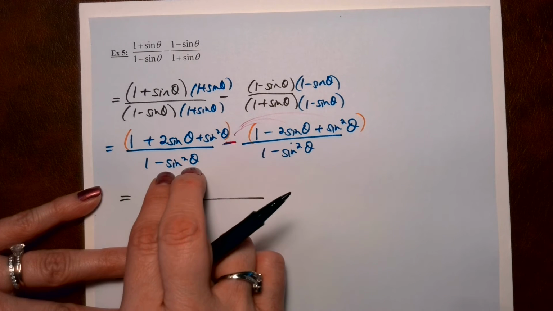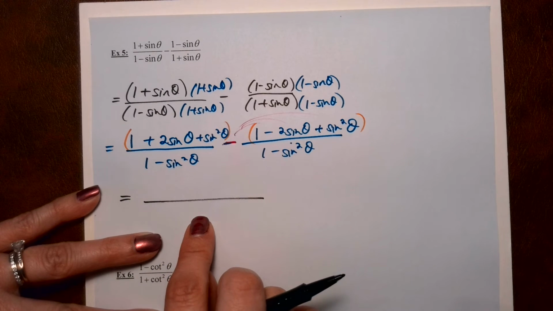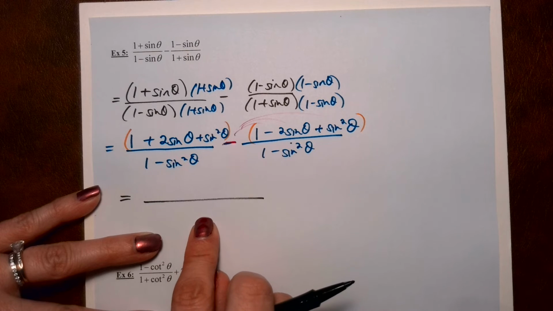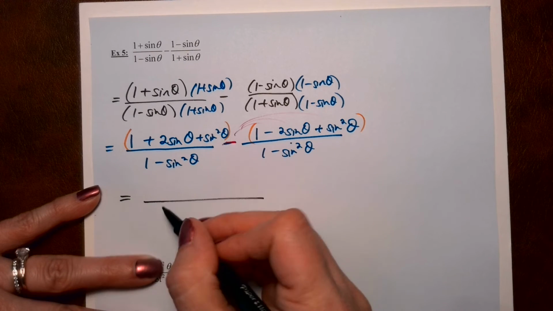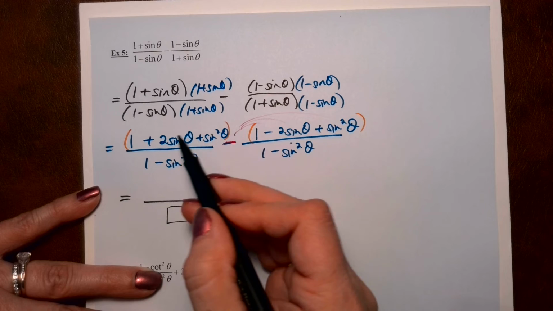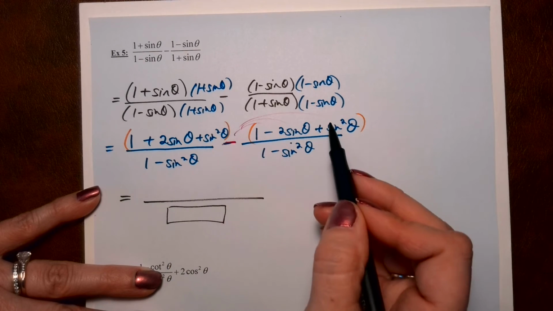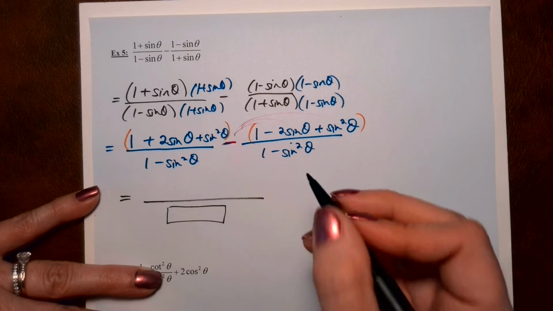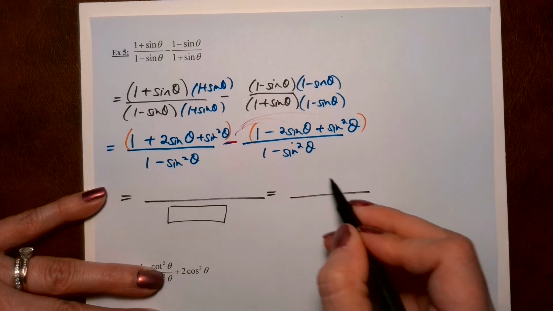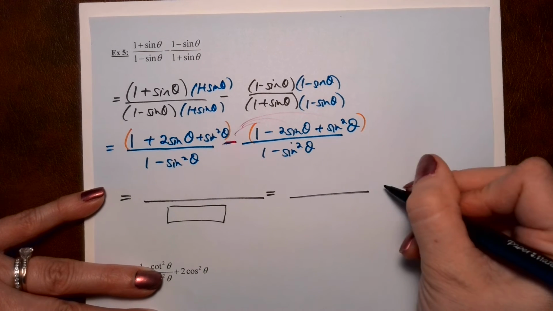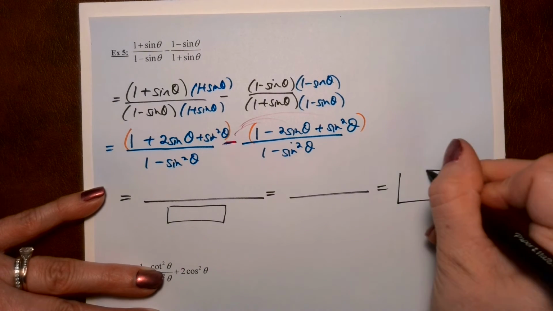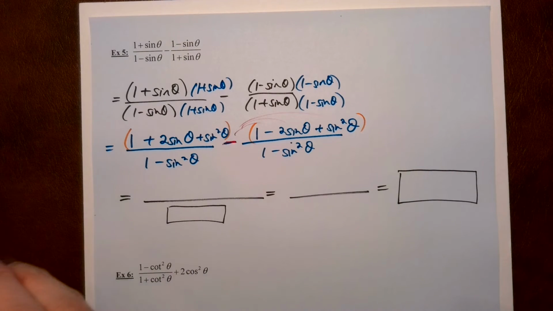Conjugates make difference of squares, which make Pythagorean identities. Okay, so we're going to want to make sure that we replace the denominator. Make sure you carefully distribute and add the like terms for the numerator. After you do that, try to simplify and then get all the way to the final answer. Okay, give this a try. What are you getting?